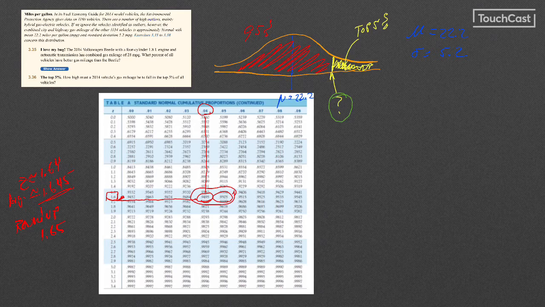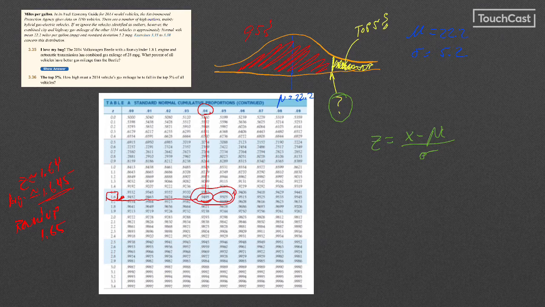Now, the z-score here is the z-score for the 95%, and we actually need to figure out what the value is. We need to derive the value from the z-score. So z is 1.65, and we know the formula for the z-score is x minus the mean, over the standard deviation.